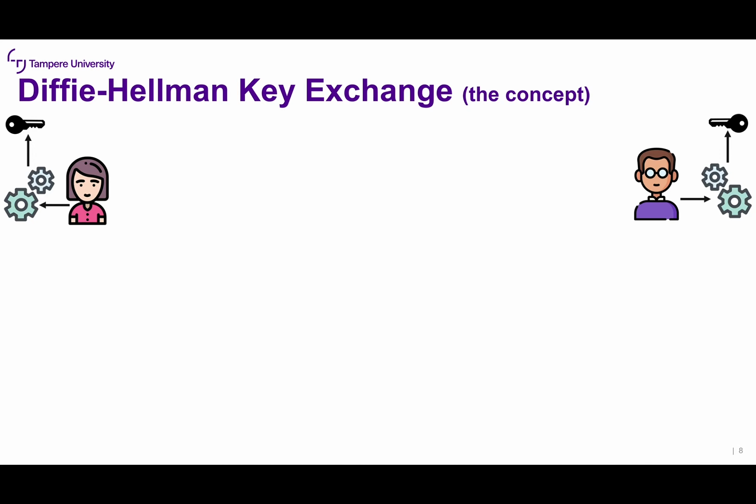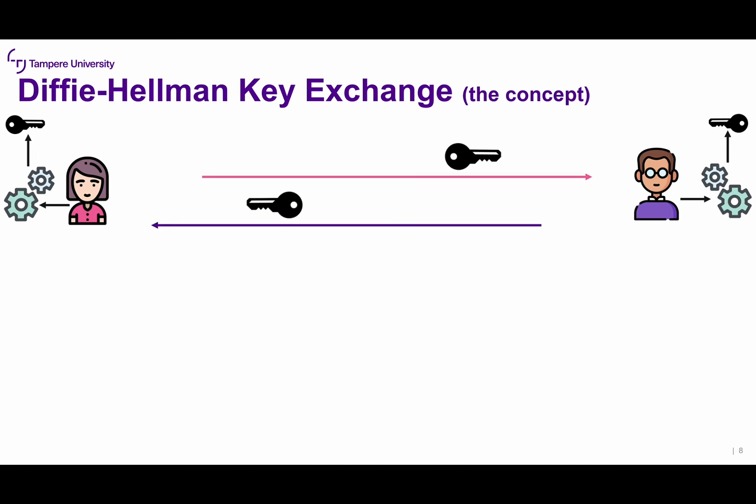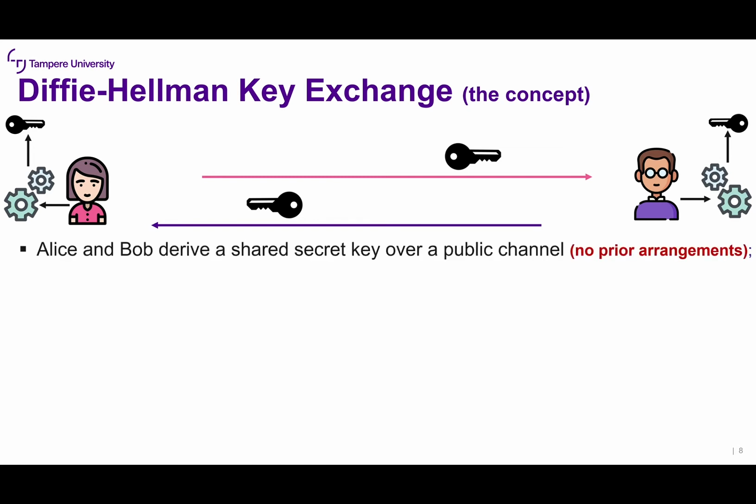And Bob will do the same on his end, and at the end, they will end up generating the same secret key, which later will be used to encrypt any further communication, right? So at a high level, Alice and Bob derive a shared secret key over a public channel, with no prior arrangements.